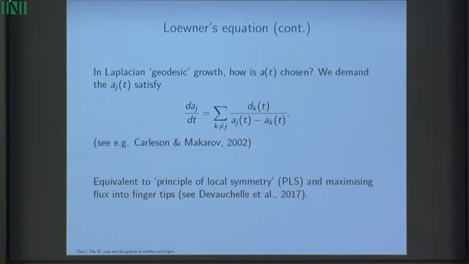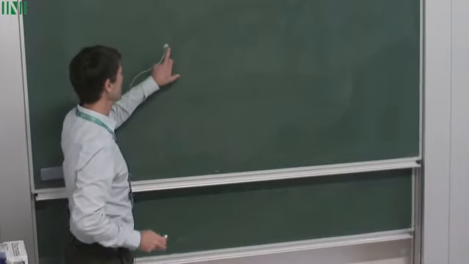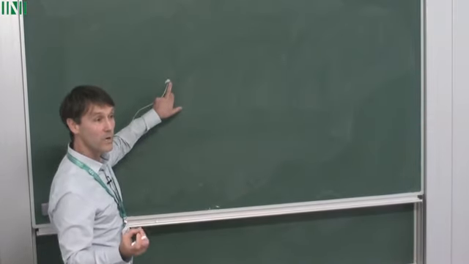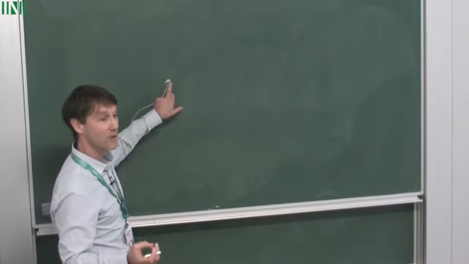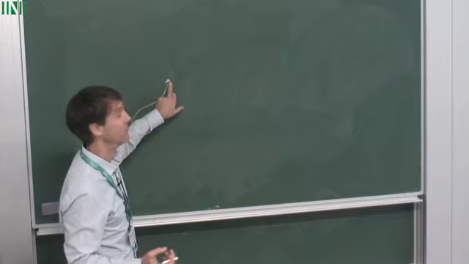So find some chalk. If we've got some finger now, I'm not talking about straight needles, but here's a finger. At this particular point, we know it's going to grow with some velocity, but we don't know what direction it's going to grow.